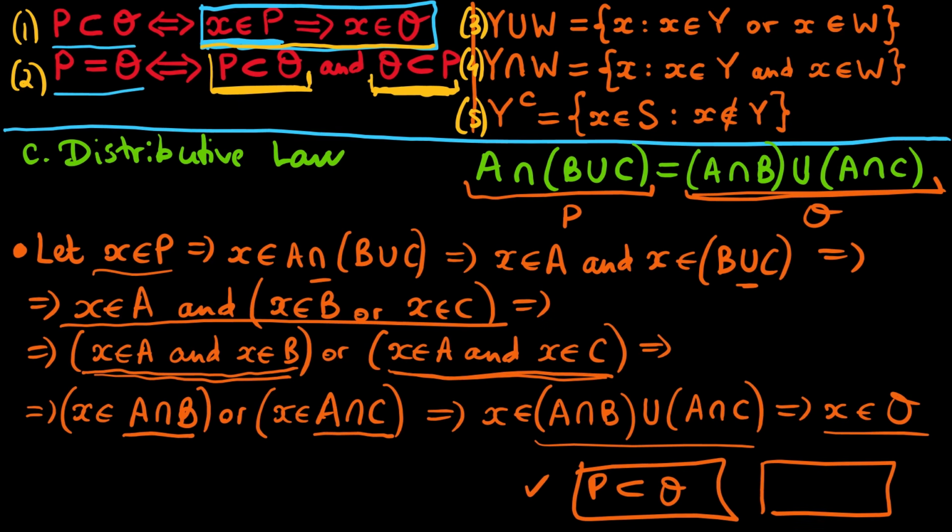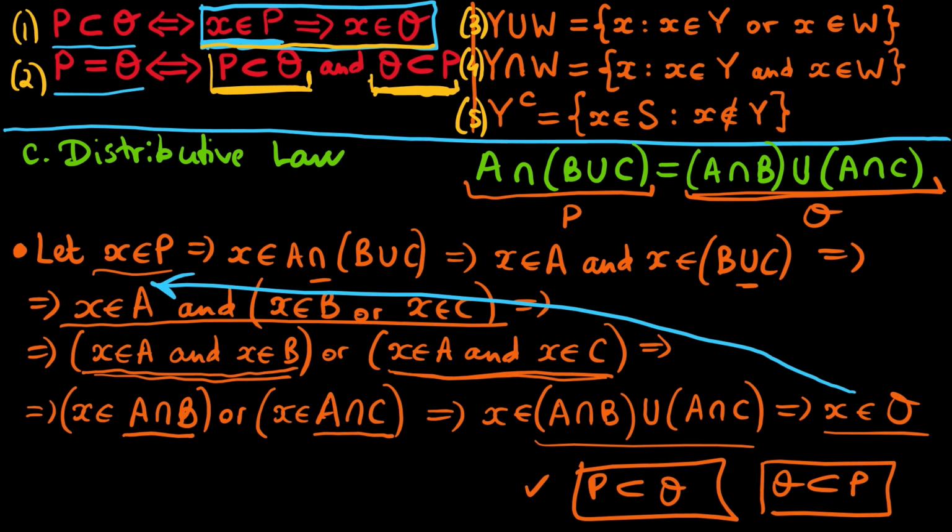You would still have to show that Q is a subset of P, but it's not interesting to write it out at this point because it would just go in the other direction. We let X be an element of Q and show that it's also an element of P. The novelty in that second part is minimal, so I won't cover it, but you'd have to do it for completion to show that P is equal to Q. Okay, so we are done with the distributive law. The last one left is De Morgan's law.